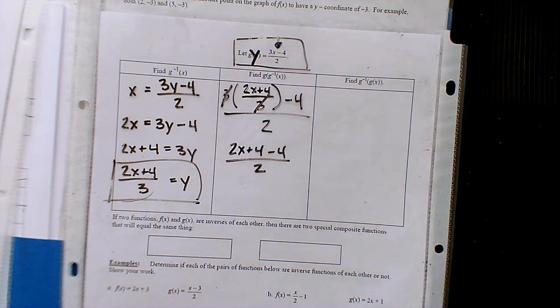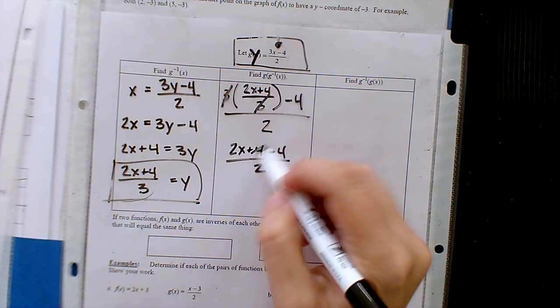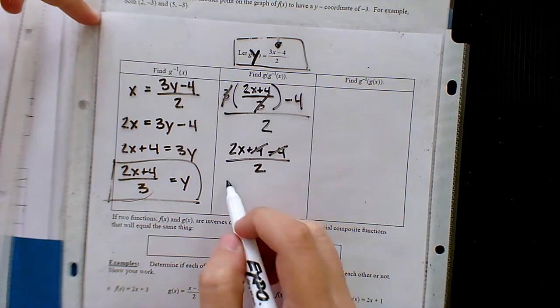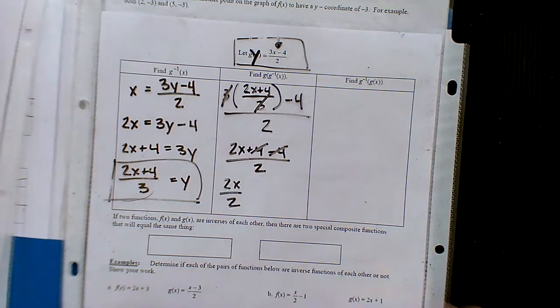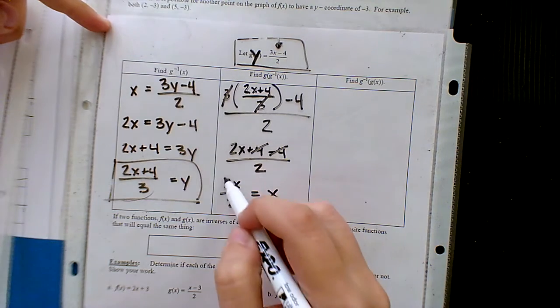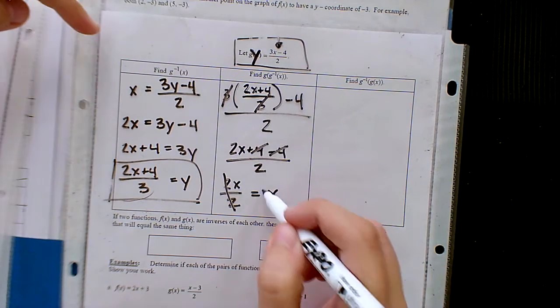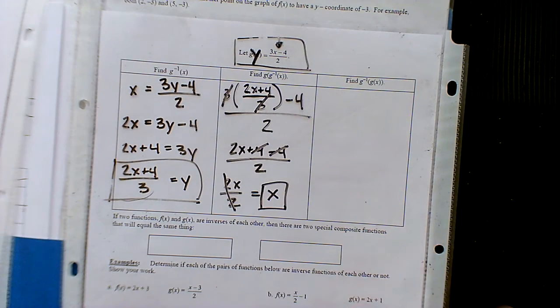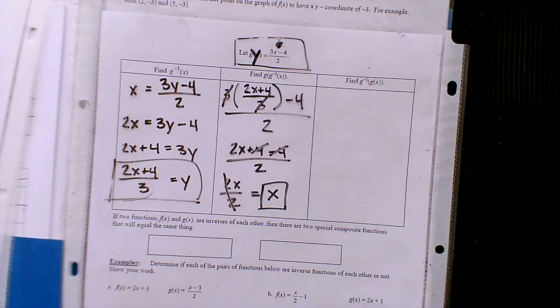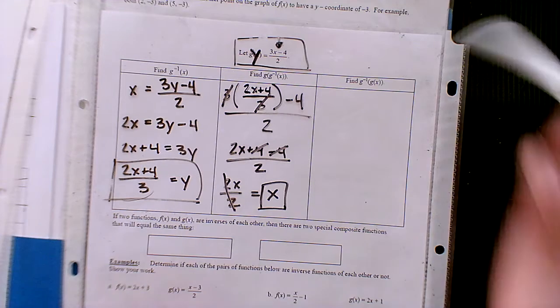Anything else going to happen? The 4s cancel. Plus 4, minus 4. Those are inverse operations, right? 2x divided by 2, we just have x, because the 2's would cancel each other out, being multiplied and divided. So we're just left with x. It looked a little overwhelming, but when we actually simplify it, we get just the variable. So that's kind of convenient.